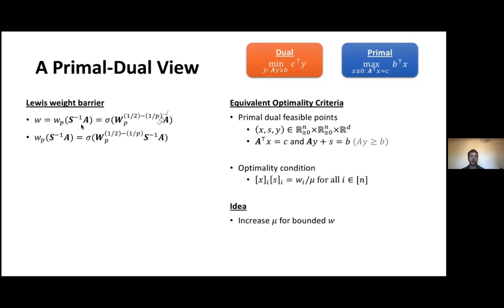In turn, we said the Lewis weights are the solution to this recursive equation I wrote here. So this is just an equivalent way of describing the central path we were considering before. We want x, s where x_i times s_i equals the weights w_i over mu, and the weights obey this recursive condition of being LP Lewis weights with respect to s.